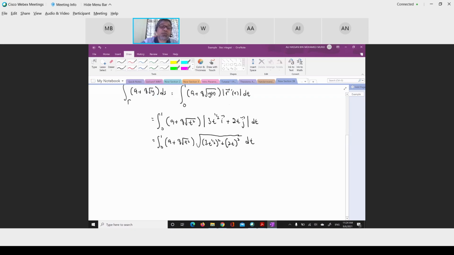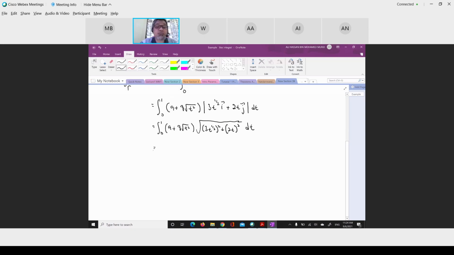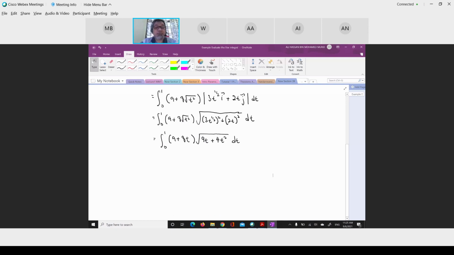So this reduces to a single integral. Square root of t squared is t, because t is between 0 and 1. Next, we have the square root of 9t plus 4t squared dt. Anybody? How to evaluate this single integral? Any idea?